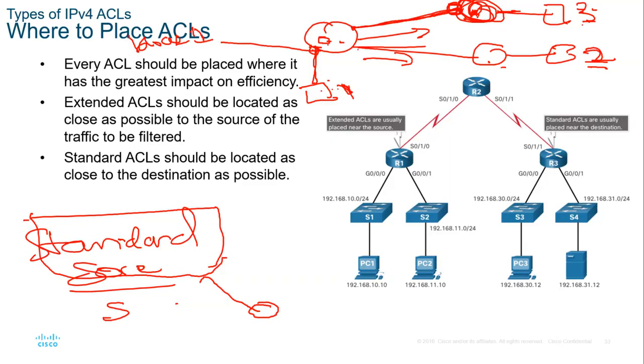So the best interface would be this, so that every packet that tries to exit this router heading to PC3 is the one that is filtered. Other interfaces shouldn't be. If you add it on this, it's going to lower the performance, and there are packets that are likely to be blocked, and yet they are not supposed to be blocked.